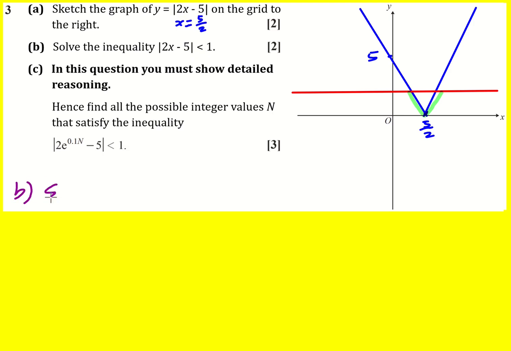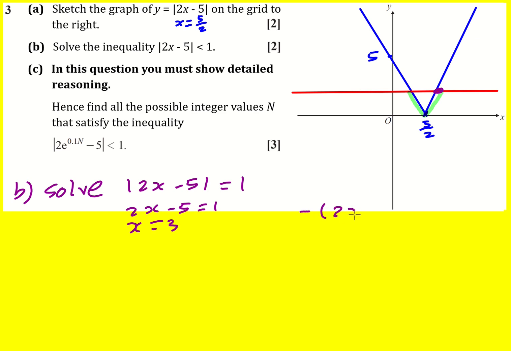And therefore, let's solve. Ignore the less than, let's just solve modulus 2x minus 5 equal to 1. The first one is when the modulus isn't doing anything. So 2x minus 5 equals 1, 2x equals 6, x equals 3. Or I get the minus of 2x minus 5, because that's when the modulus does kick in.